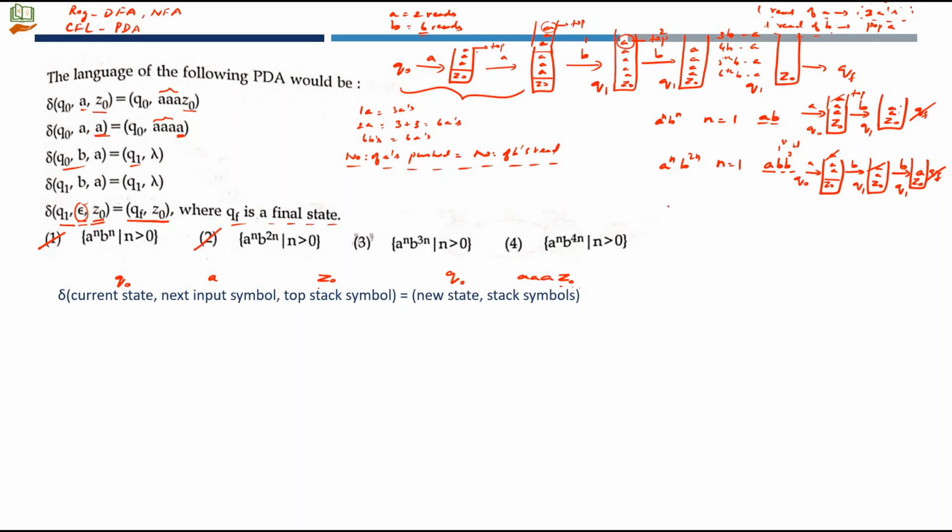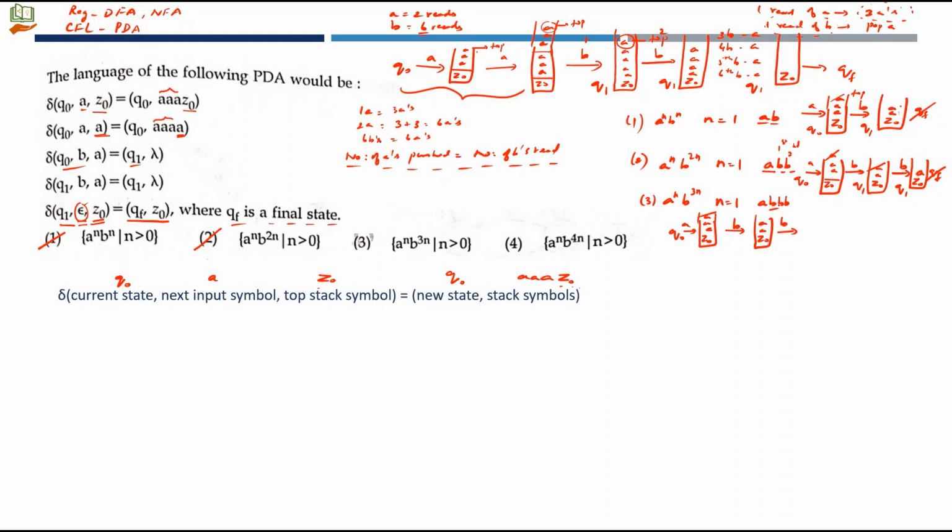Now let's take the third option, A power n, B power 3n. Let's go with n is equal to 1. Now we will have 1 A and 3 B's. So what is the initial configuration? It is Z0. In Q0 state, we are reading A and inserting 3 A's here. After pushing 3 A's, for the first B, we are popping out the first A. So 2 more A's are here.